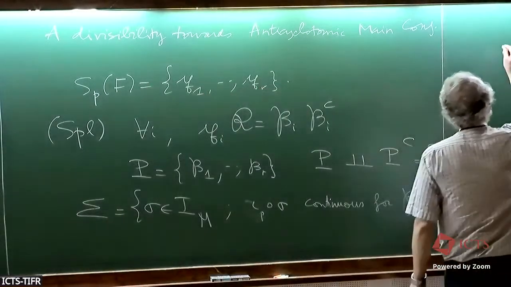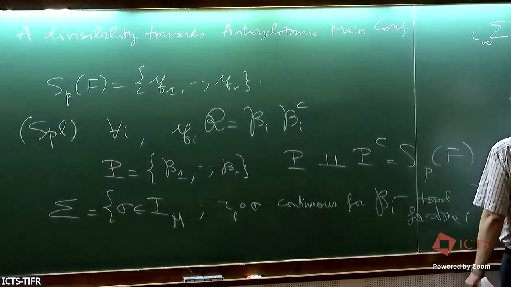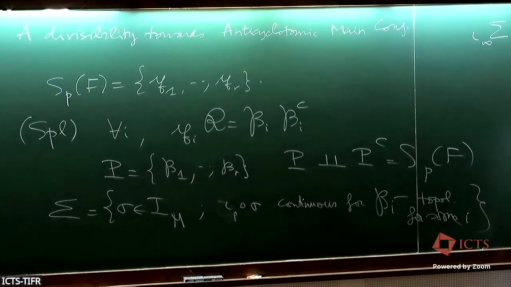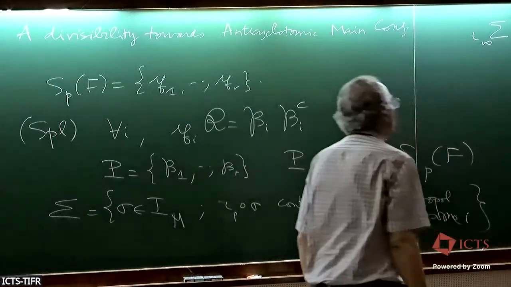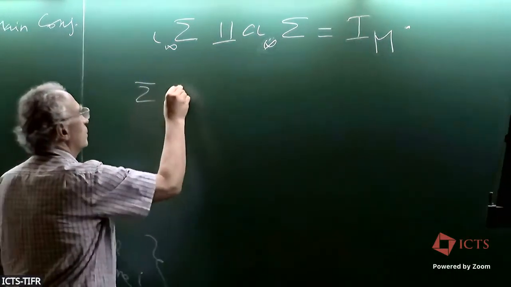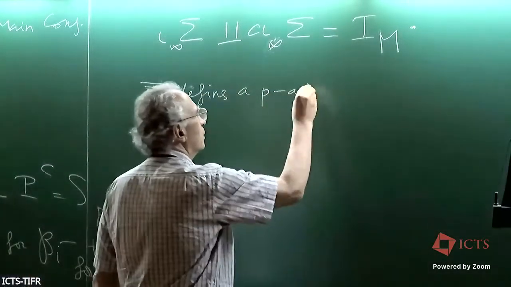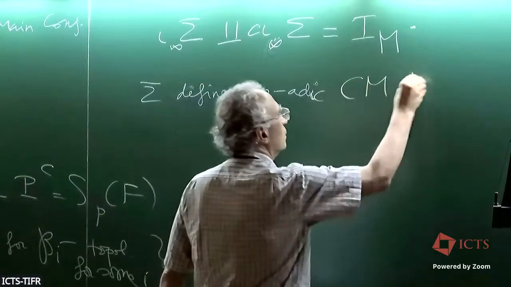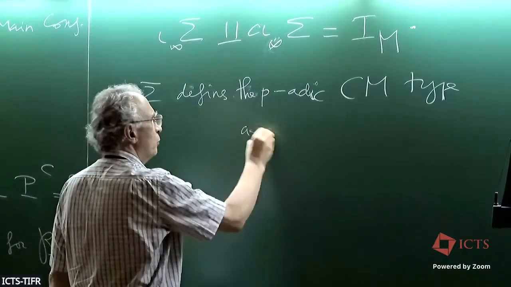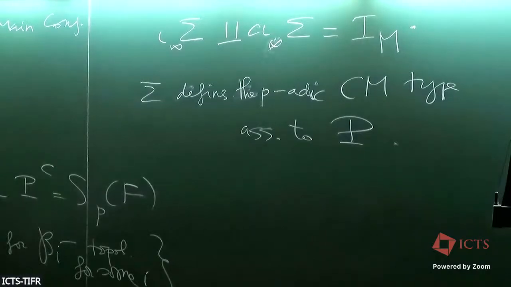So if we compose with iota infinity, this is a CM type. Such a CM type is called a p-adic CM type, actually the p-adic CM type associated to P. And we fix it from now on.